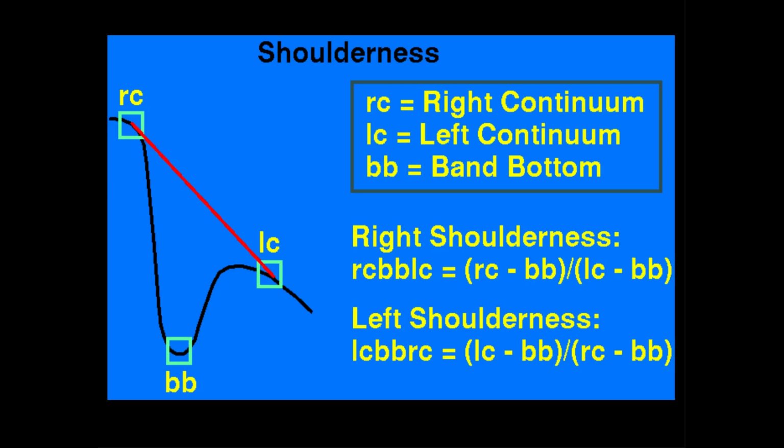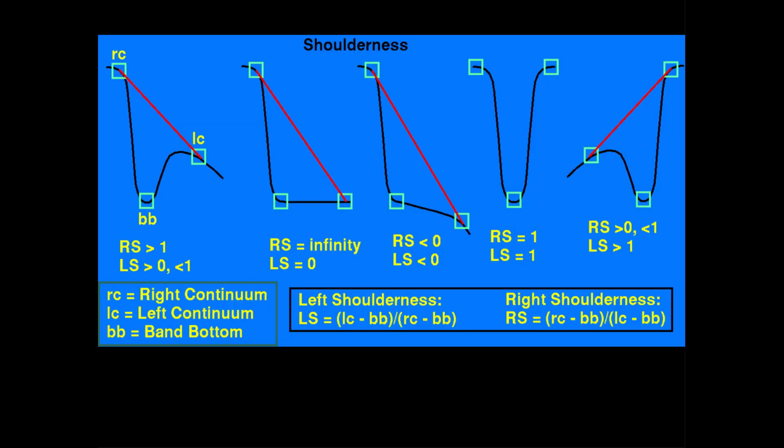But they have different shapes typically, and the following describes what we would have with shoulderness. So shoulderness is a parameter that can be used to distinguish between compounds, and as well, the band depth is still computed, but also this shape of the band.